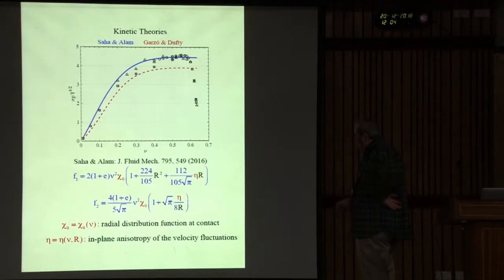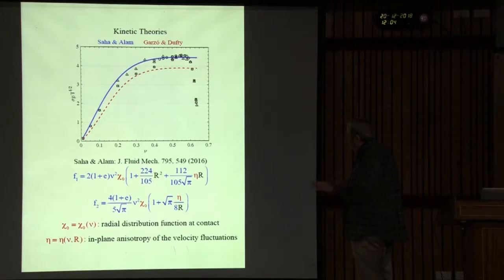And eta is the in-plane anisotropy of those fluctuations. And here then is the function F2 of the stress. So the point is that there is rate dependence in F1 and F2, and also a dependence on the anisotropy.